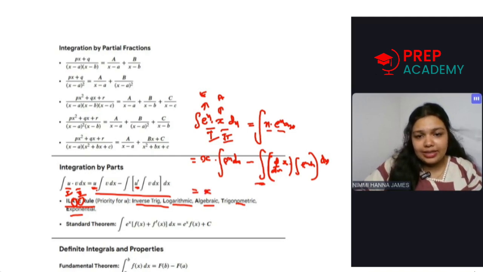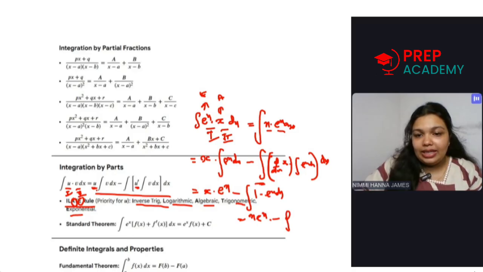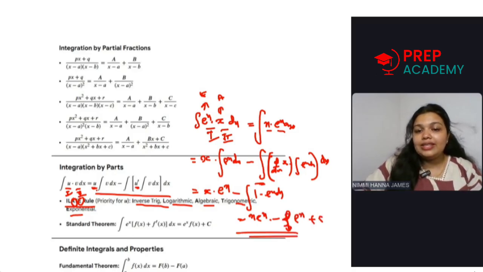So x into integral of e raised to x, which is e raised to x itself, minus integral of d by dx of x, which is 1, into e raised to x dx. Integrating it again, one more integral symbol is pending. So x e raised to x minus, the integral is gone, e raised to x plus c. So x e raised to x minus e raised to x plus c is the answer for this integration.